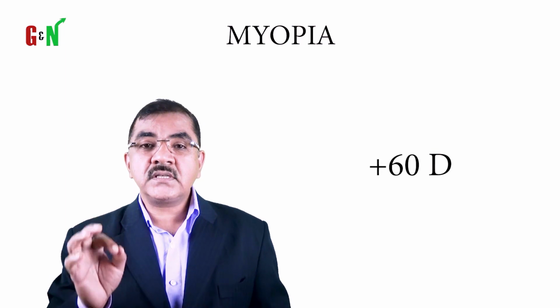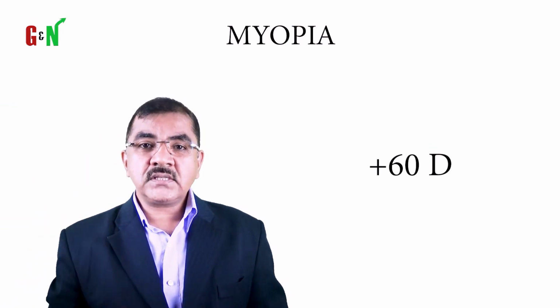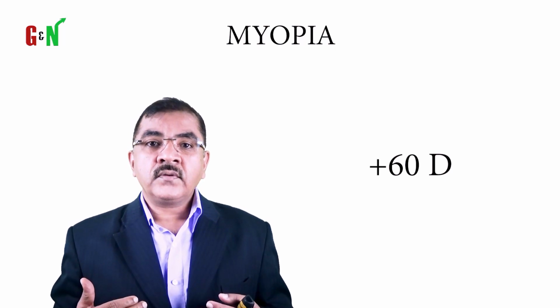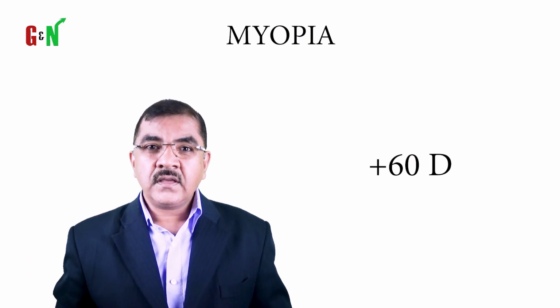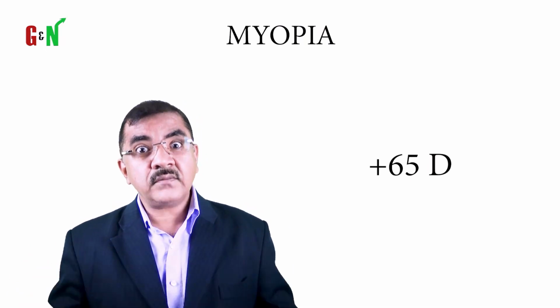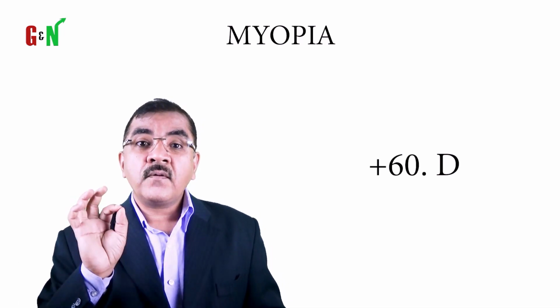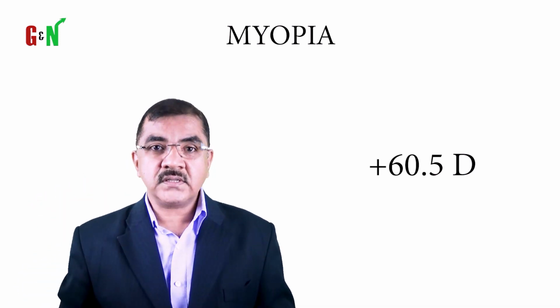Because the human eye, on average, has plus 60 diopters, right? So the cornea plus the crystalline lens together is plus 60 diopters. If the optical power is more, instead of plus 60 diopters, if it is plus 61, or plus 62, or plus 65, or even plus 60.5 diopters, and the patient comes and complains, I have a problem with the distance.